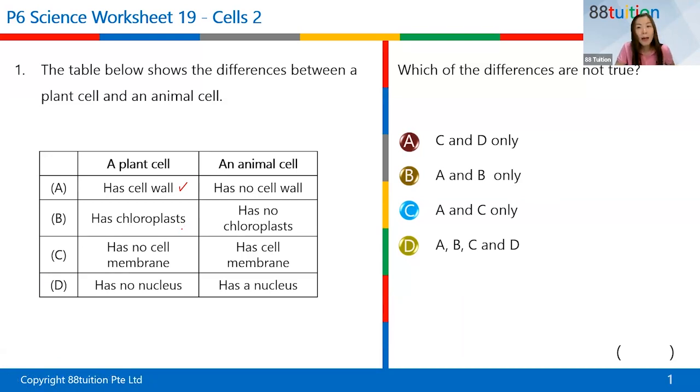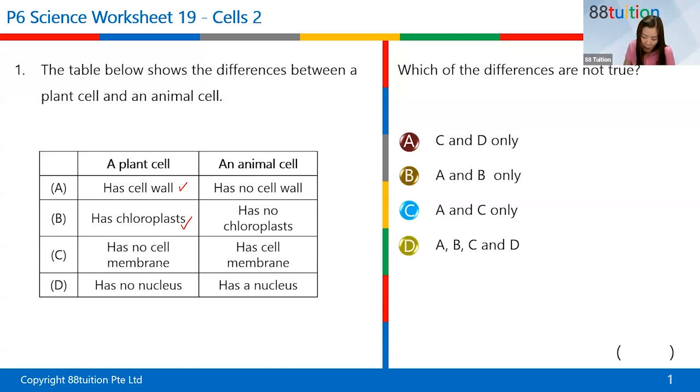But are there instances that chloroplast is not there for plant cells? Of course there are, but in general, plant cells have chloroplast, right?